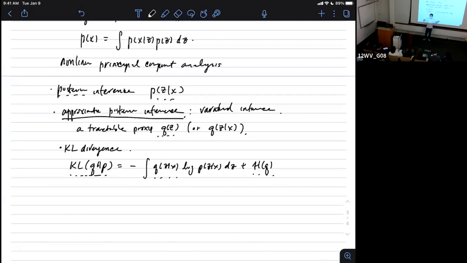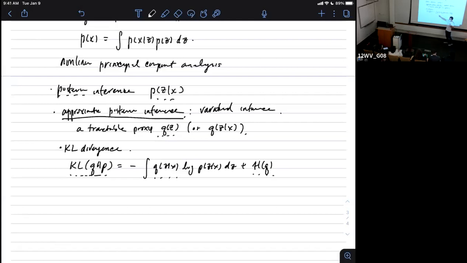We don't care about the entire space of C. We only care about the subset of C that are highly likely under this Q. And then we try to look at how likely those Z values are under the true distribution. So this is the first criterion we talked about. We don't care about all the highly likely values of C's under the true distribution, but we want to find one or two very likely Z values under this Q distribution. And then this is what it tells us.